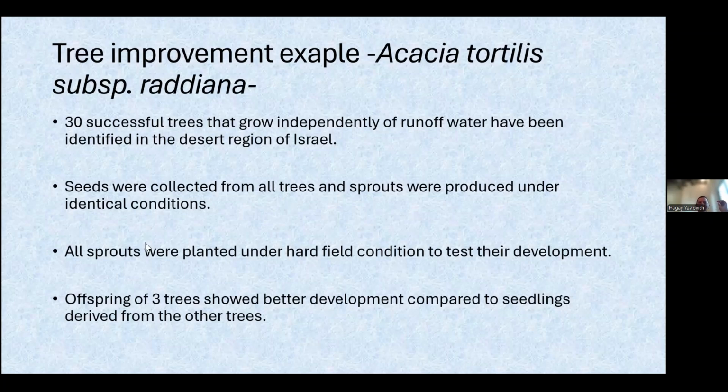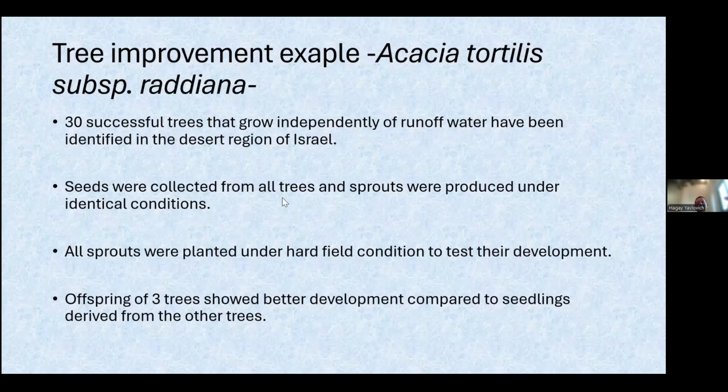And then we saw that offsprings of 3 trees showed better development compared to seedlings derived from the other trees. So if it was just a regular seed collection, I should have collected from the 30 trees because they're all very far from water.